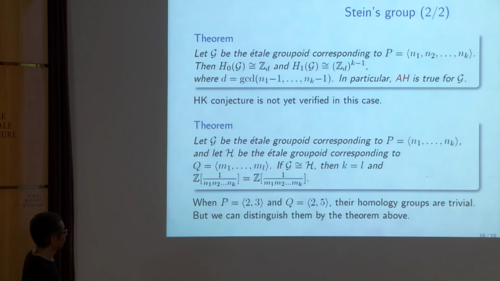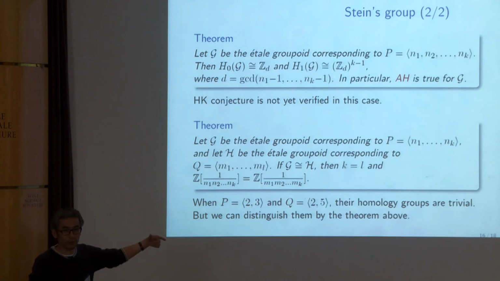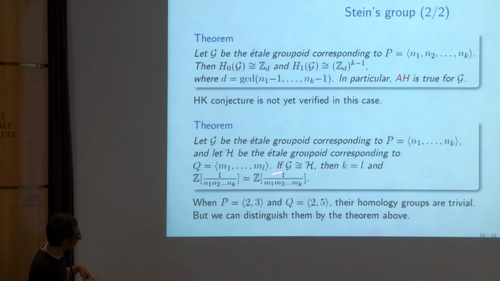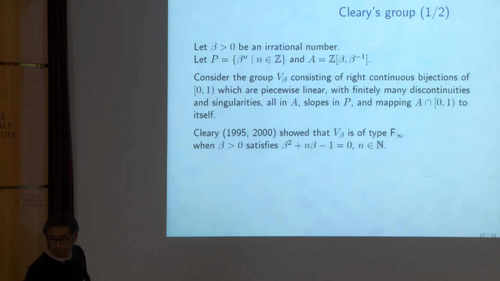So in particular, when P is generated by 2 and 3, and Q is generated by 2 and 5, their homology groups are trivial, so I cannot distinguish them by looking at homology. But thanks to this theorem, they are not isomorphic.